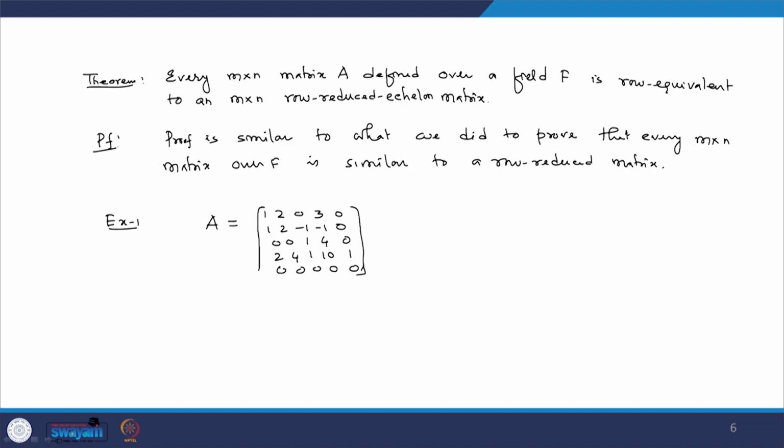So, let me consider this matrix. This is basically a 5 cross 5 matrix. Now, let me see how to get the corresponding row reduced echelon matrix please. So, for this again we have to do the elementary row operations. So, we have to find the corresponding row reduced echelon matrix.